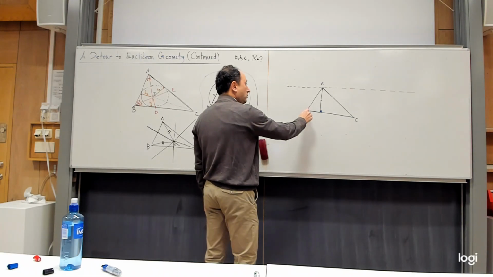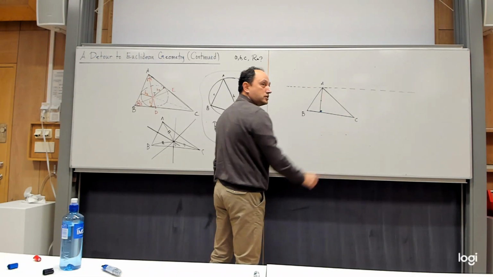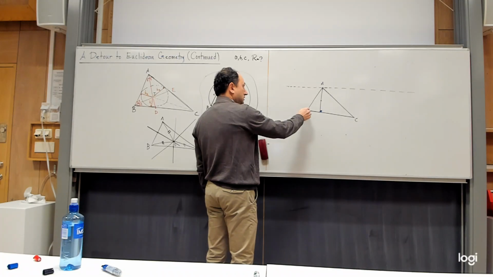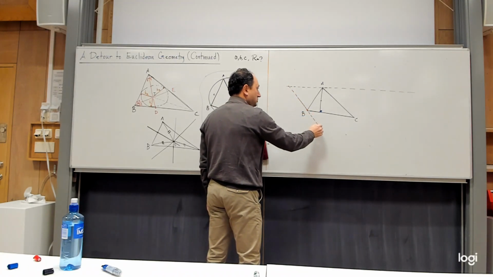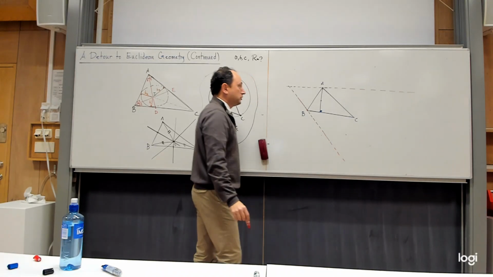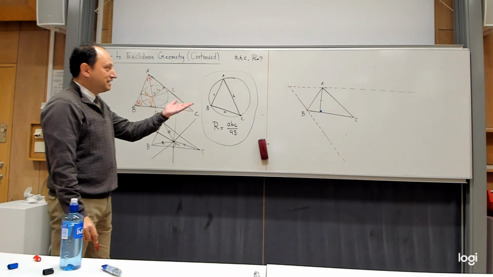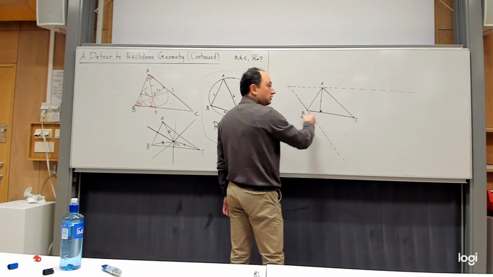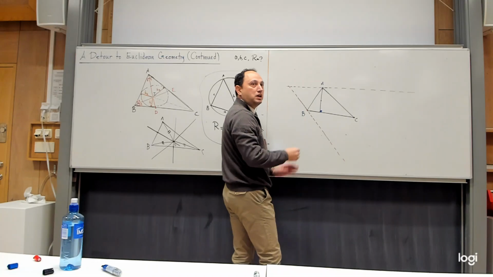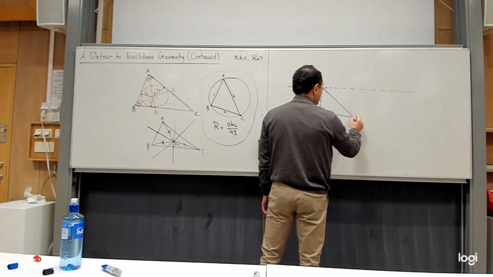And from this point, draw a line parallel to AC. Yes? The logic seems a little bit convoluted. This is the type of problem that you need to do if you want to do competitions. It's really a nice proof, yes? And then from this point, I draw a line parallel to this one, and I'm making a bigger new triangle, yes?